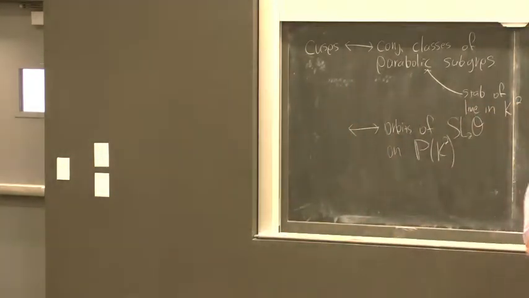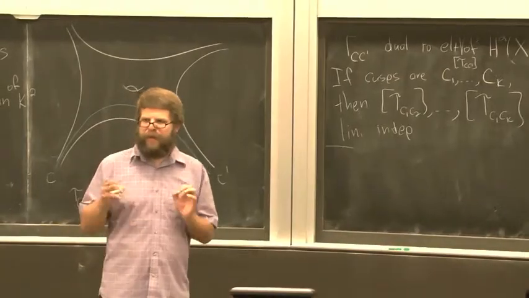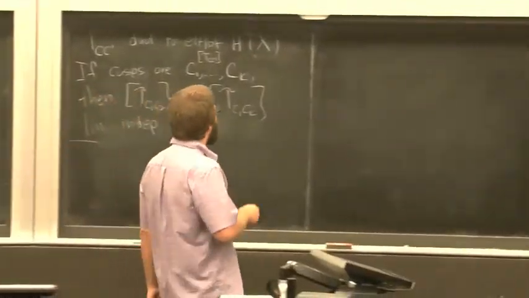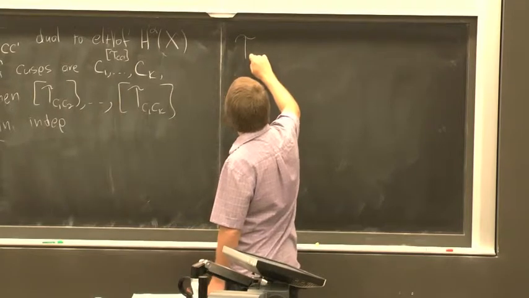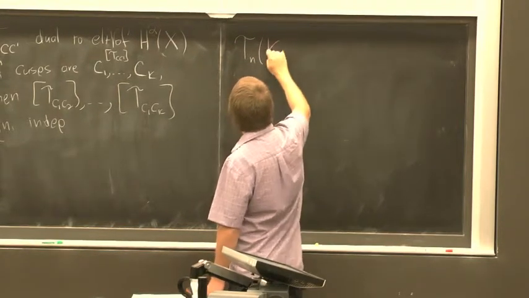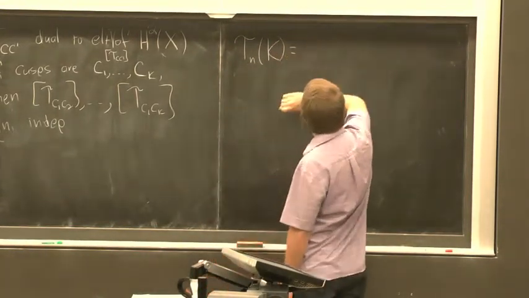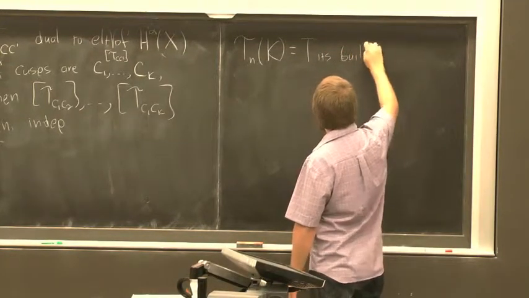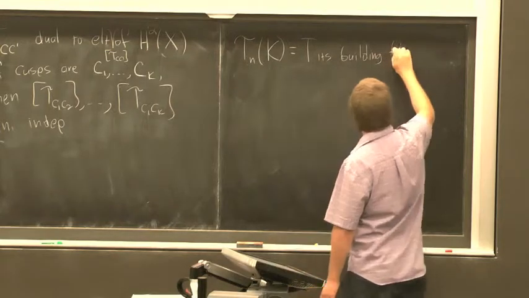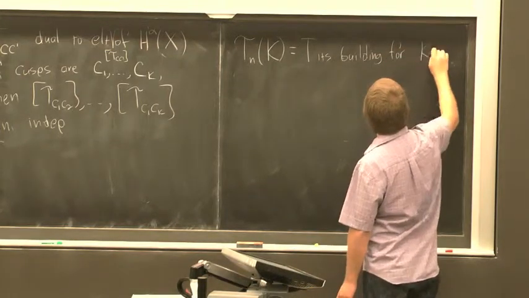There, the role of the complex of curves is played by a building. So let me discuss that right here. So T_n(k) is going to denote the Tits building for k to the n.